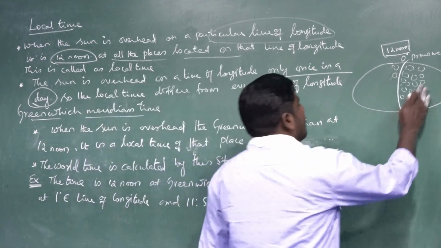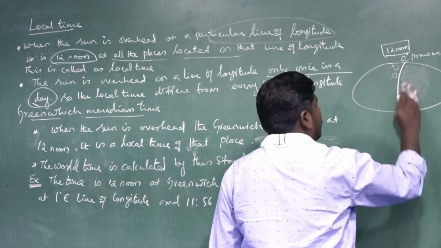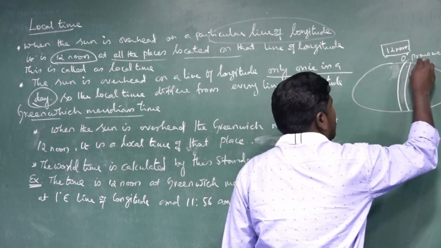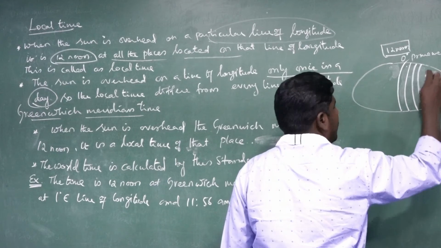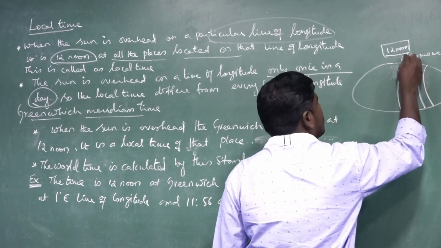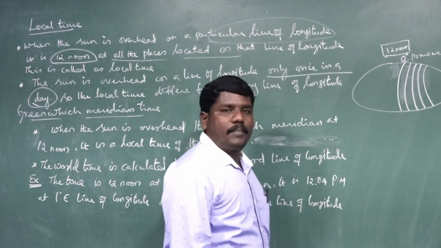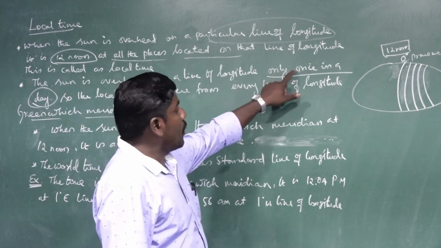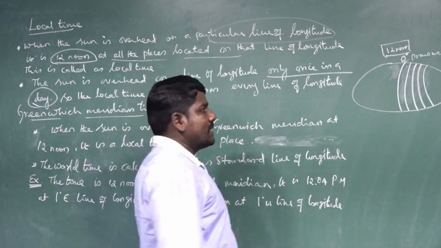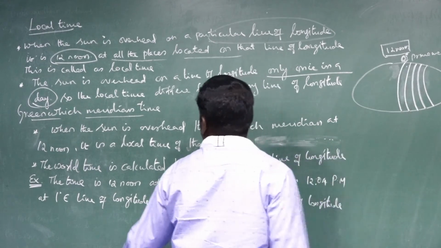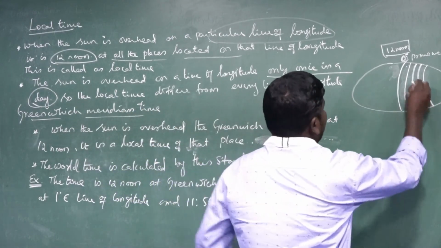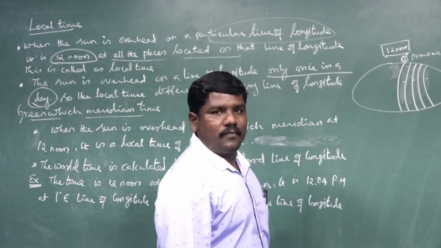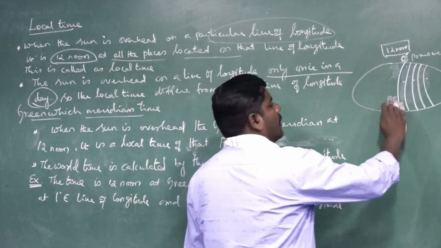In the prime meridian, the 0 degree line, the sun is overhead only once a day. The local time differs from every line of longitude, so every line of longitude may differ and not be the same.